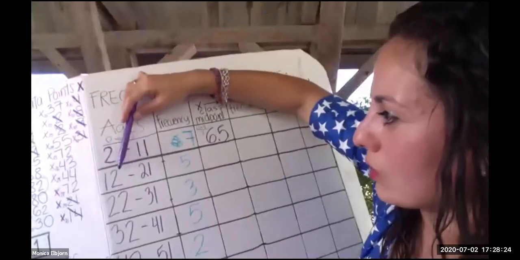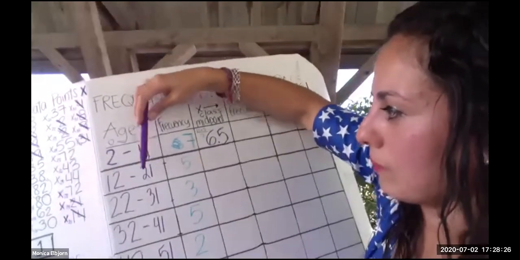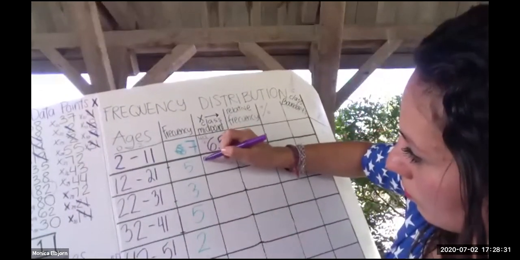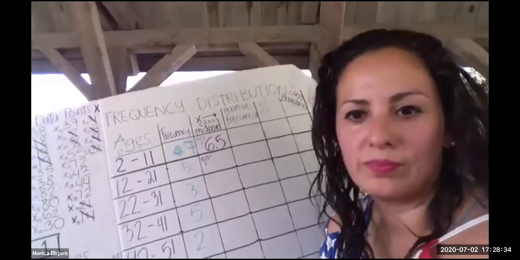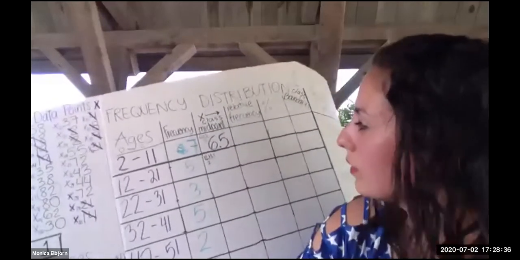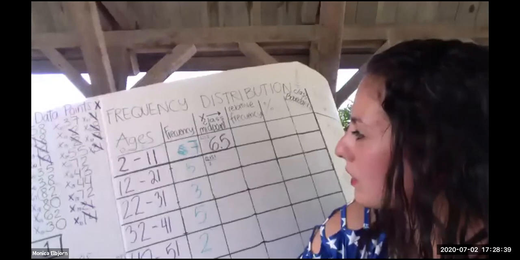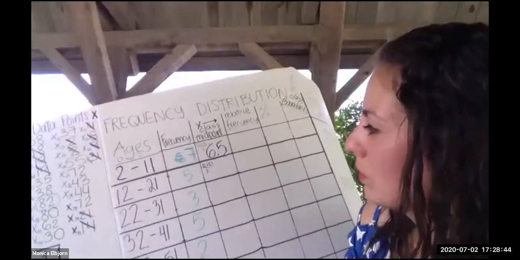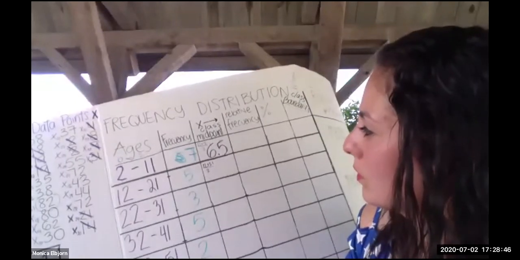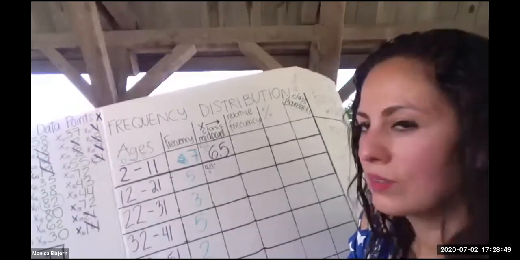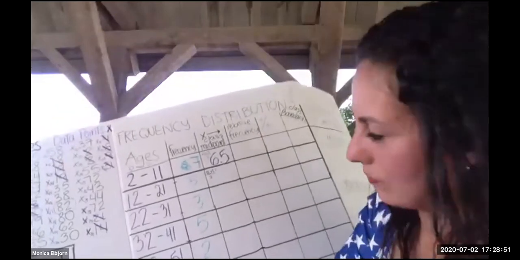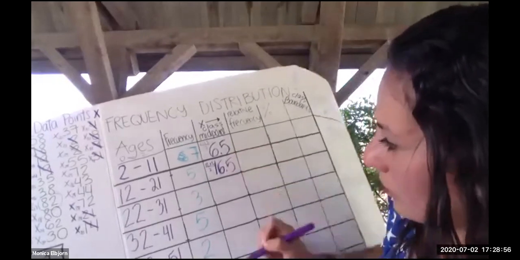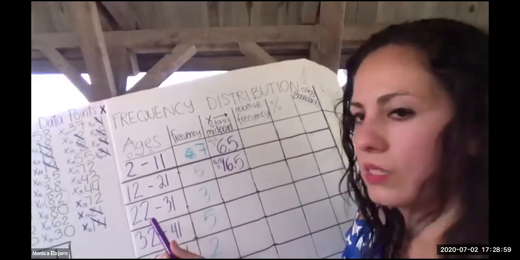What will be 12 plus 21 divided by 2? 12 plus 21, that's 33, divided by 2. 16.5, very good. And then the next one, 22 plus 31 divided by 2.